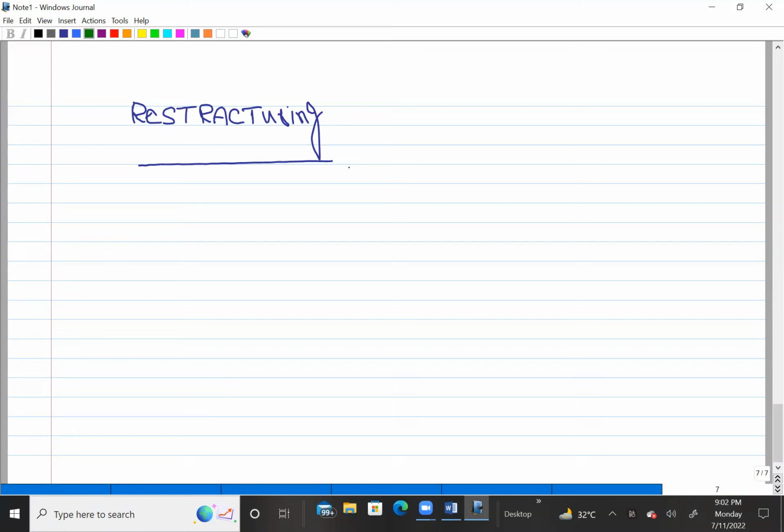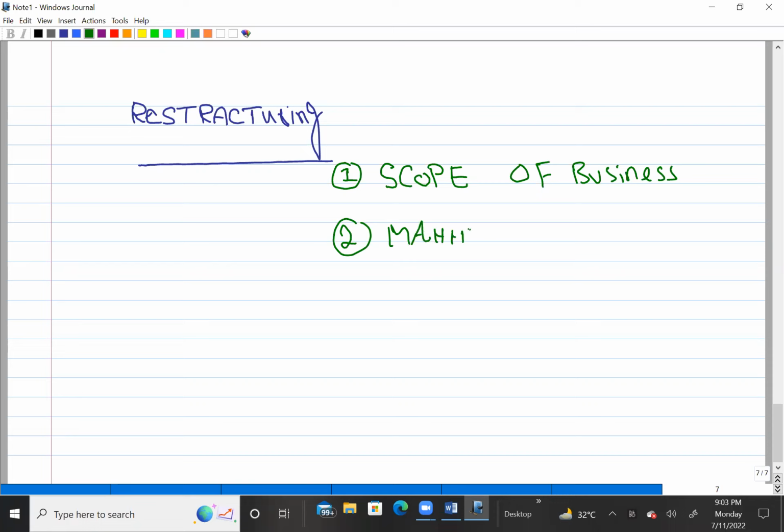Restructuring is a plan by the management in which the scope of business or the manner of doing business is going to change.